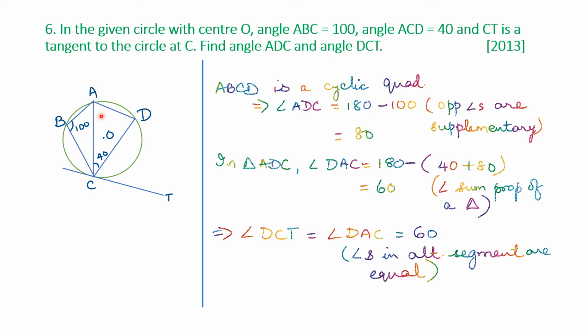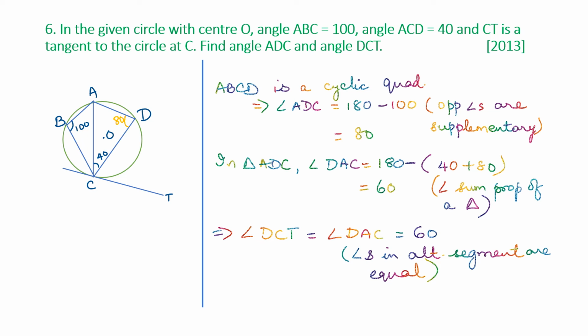Very clearly, because ABCD is a cyclic quadrilateral, the sum of the two opposite angles is supplementary, which implies that angle ADC will be equal to 80 degrees. So I will get angle ADC is equal to 80 degrees.